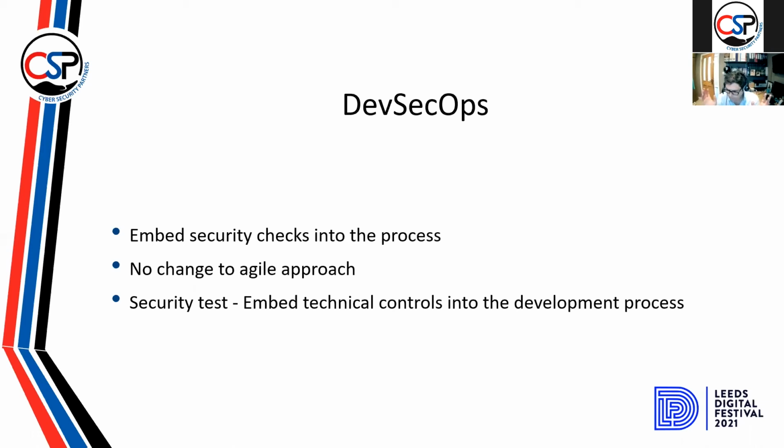So once all that development has happened, say two-thirds, three-quarters of the way through the actual sprint, we can then put technical controls in, or facilitate access to technical controls, so that the code is checked constantly.